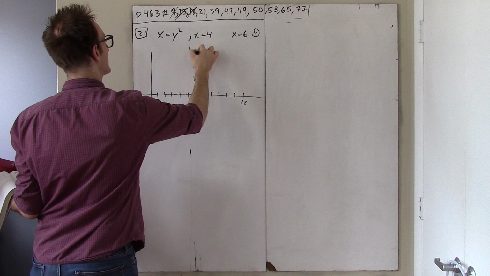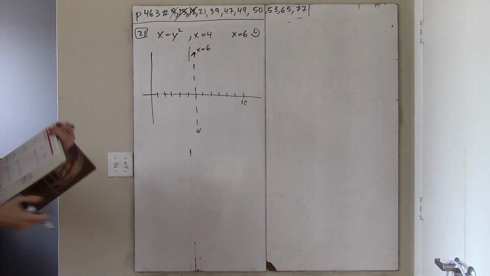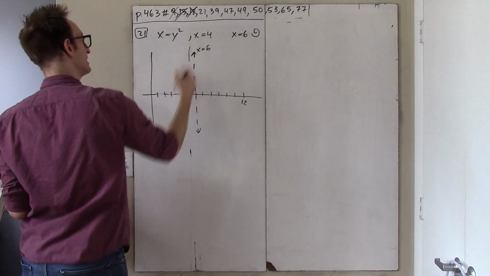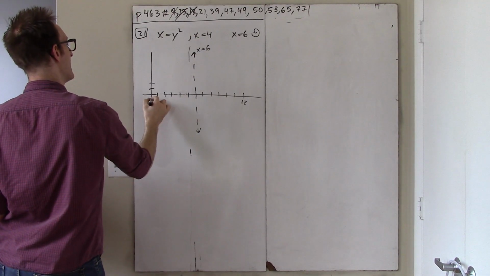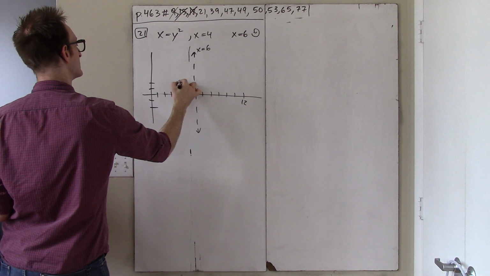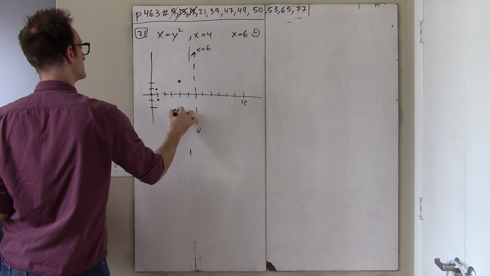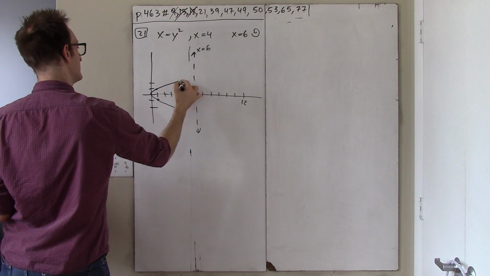That's the line x equals 6. X equals y squared is just a sideways parabola, but we're only going until x equals 4. So when I do that, I'll get 4, 2, so we get this. Okay. So all the effort here is in the drawing and thinking, I think.